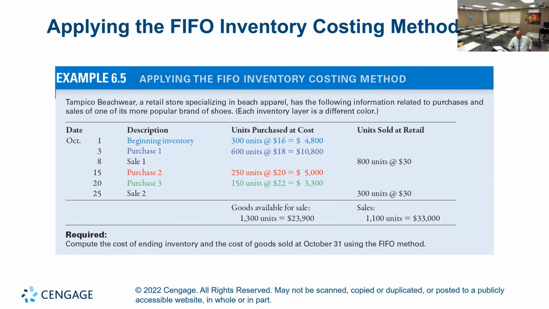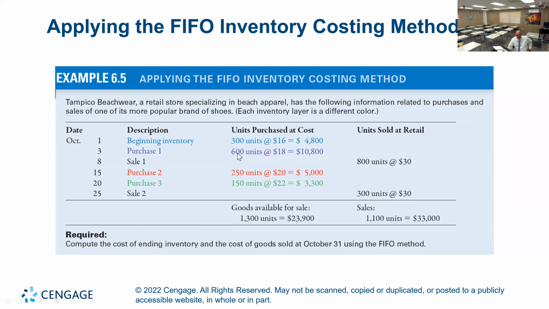I can do that by applying the costing method to our units sold. When we sold 800 units, where did they come out of if we're using first in, first out? We have to go back to the first ones we bought. So 300 of those units came out of there.